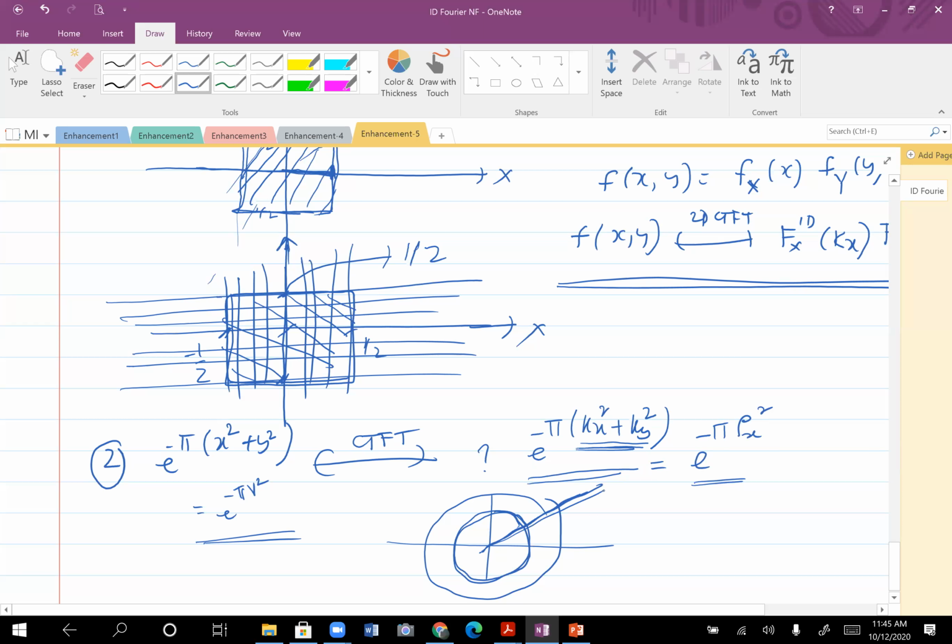So it is in effect equivalent to a 1D function when you change the variables. Is everyone able to see that? When you change your variable from kx, ky to polar coordinates, where you consider kx equal to rho cos theta and ky equal to rho sin theta, you could notice that this value is in fact not dependent on theta. It is independent of theta. Is that clear to everyone?